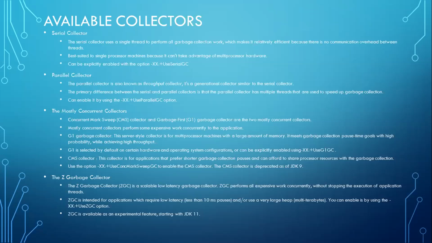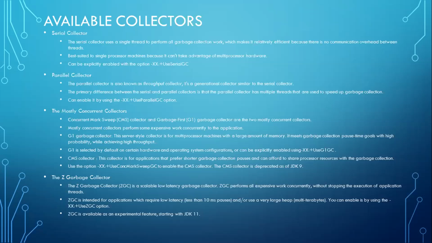There are two options. One is called UseParallelGC, and another one is called UseParallelOldGC. There is a fundamental difference between these two garbage collector algorithms. UseParallelGC provides parallel threads in the young generation, but not in the old generation. Listen carefully. This algorithm provides parallel threads for your young GC collection, not for your old GC collection.